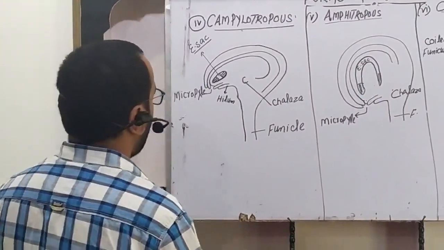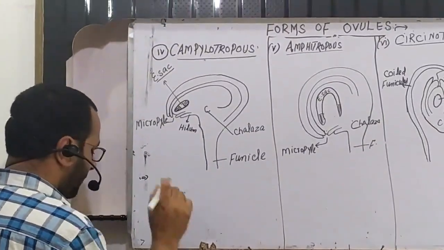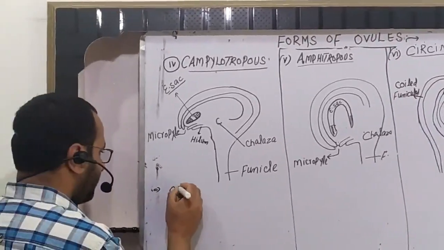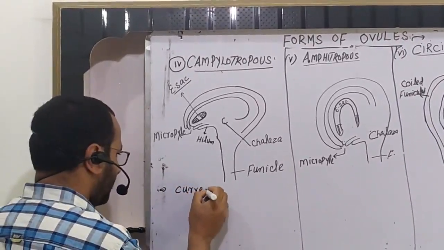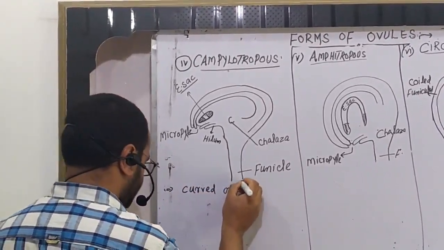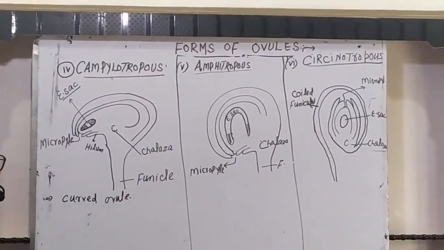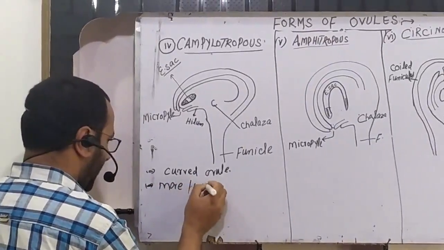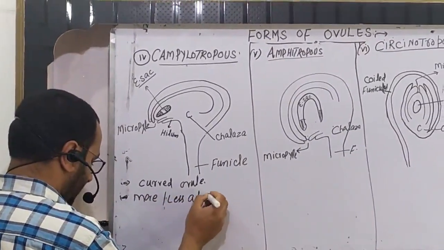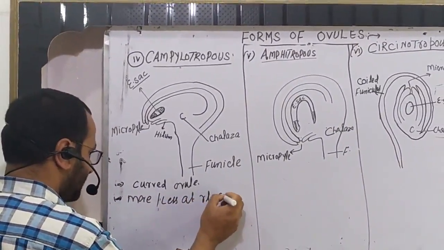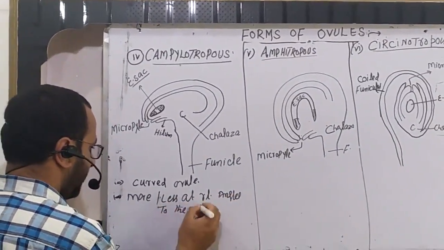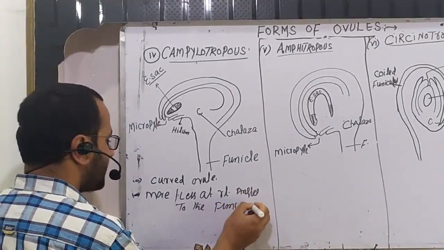Okay. So what is campylotropous ovule? It is the ovule which is curved. It is a curved ovule. What is curved?